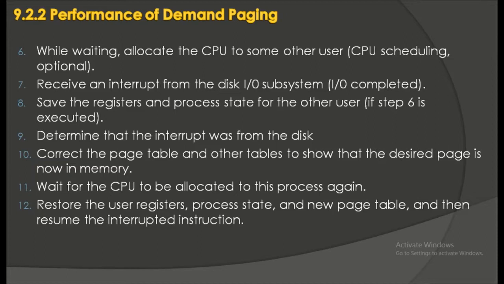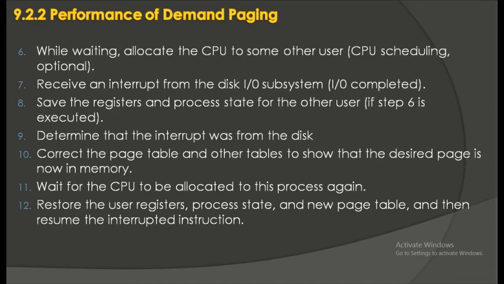Wait in a queue for this device until the read request is serviced. Wait for the device seek and/or latency time. Begin the transfer of the page to a free frame.